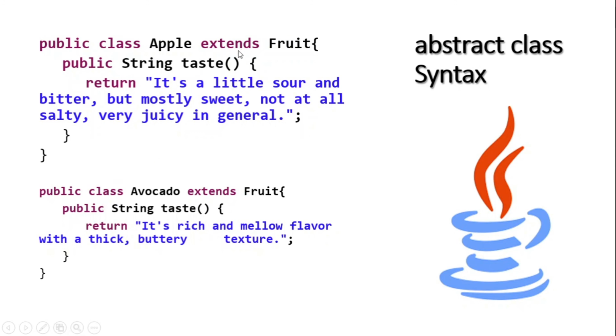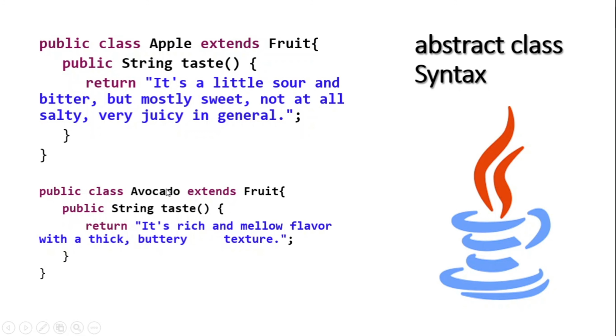Whenever you extend or you inherit from an abstract class, you must override the abstract methods in your new classes, the classes that inherit from that abstract class. Otherwise, if you don't override those methods, your apple and avocado classes themselves are going to be treated as abstract classes. And when they are abstract classes, that basically means you cannot create objects out of them.